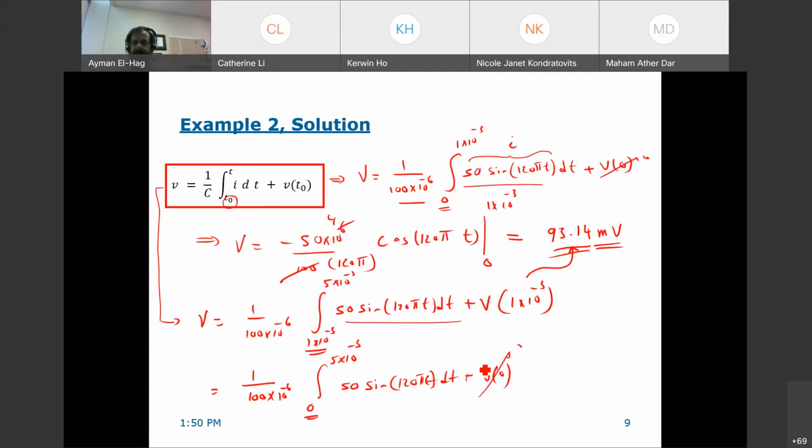So either if you solve it this way or that way, you will get exactly the same answer, which is equal to 1.73636 volt. In both cases, you will get exactly the same.